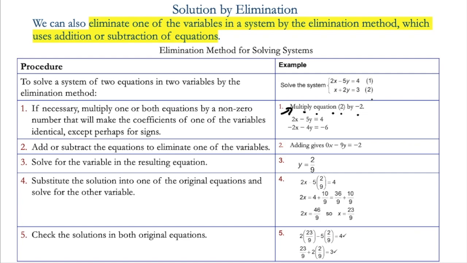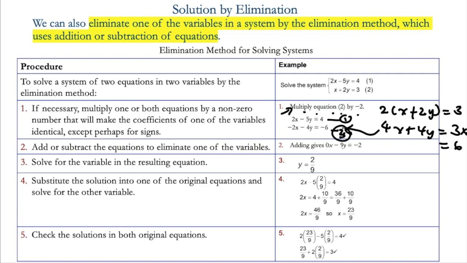When you multiply equation 2 by minus 2, this is still equation 1, equation 2. So here we have 2 times x plus 2y equals 3. Then it becomes 4x plus 4y equals 3 times 2 times 2, equals 6. So call this new equation as equation 3.